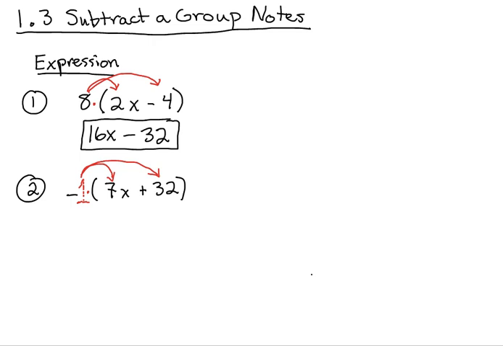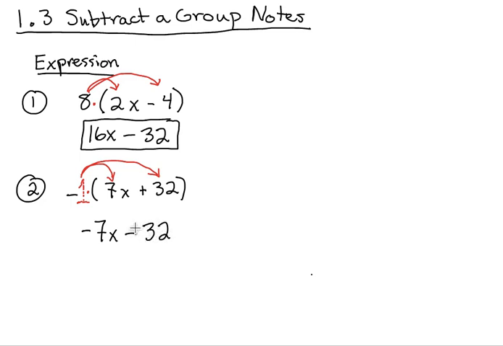So negative 1 times 7x is negative 7x. And I find that a lot of people get this negative correct. It's usually the second one, because that negative 1 times has to be distributed out to that second term. So negative 1 times positive 32 is a negative 32.